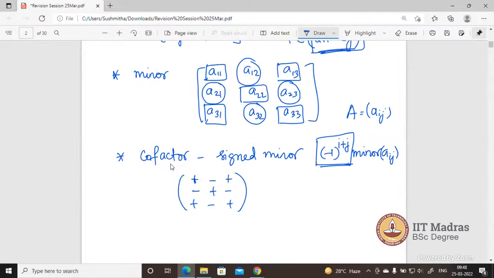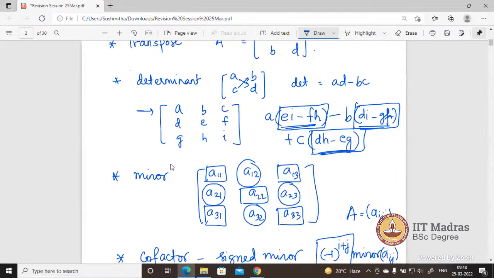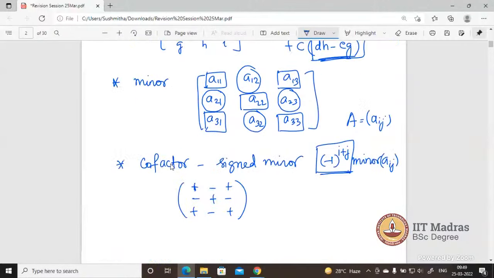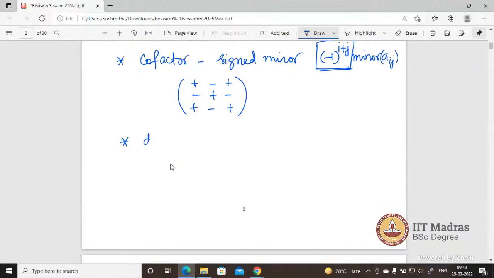So while expanding the determinant, can you see that I'm multiplying A with the cofactor corresponding to A, B with the cofactor corresponding to B, and C with the cofactor corresponding to C. So in general, the determinant of a matrix can be calculated by multiplying an element with its cofactor.